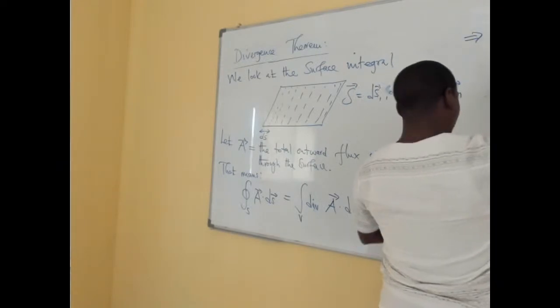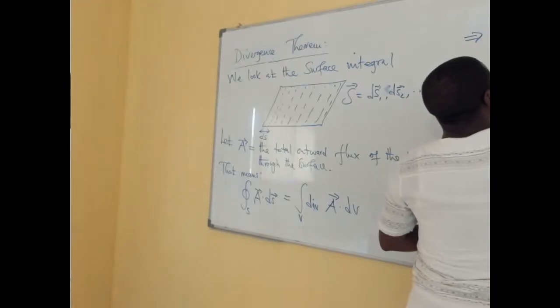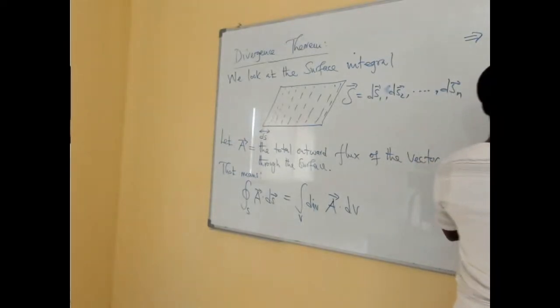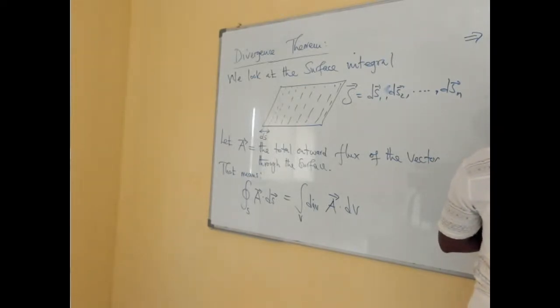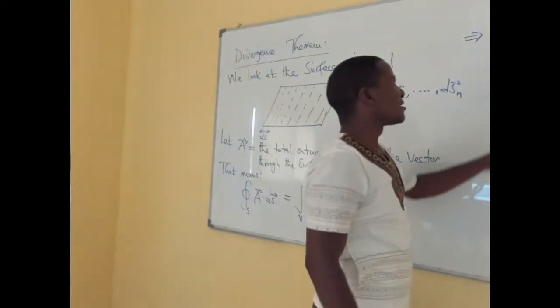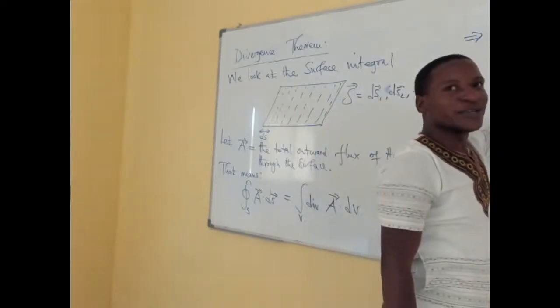So the surface integral of A dot ds must be equal to the volume integral of the divergence of A multiplied by dv. In other words, we are moving from the surface to the volume integral.